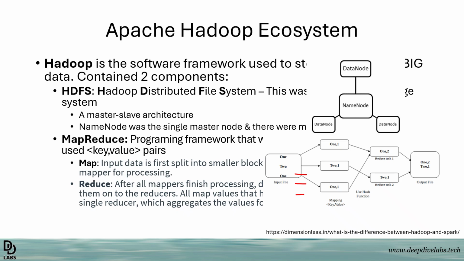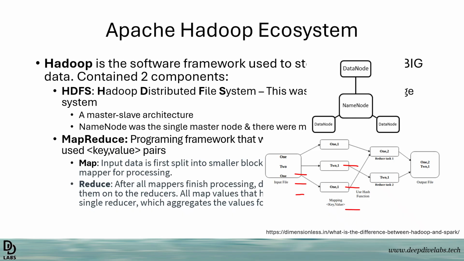The mapping operation split the file into multiple key value stores which can be processed in parallel. By processing it in parallel, it knows that the key ONE occurs once, the key TWO occurs once, and again ONE once.